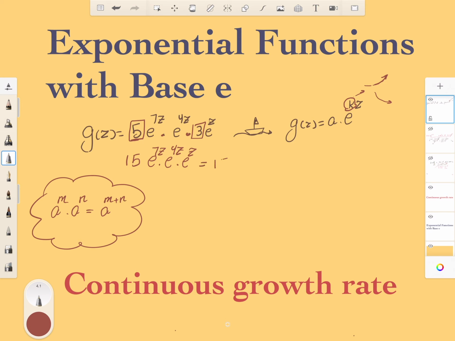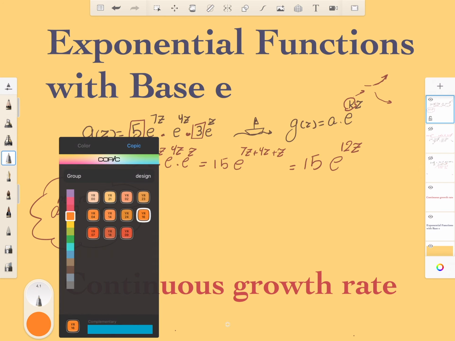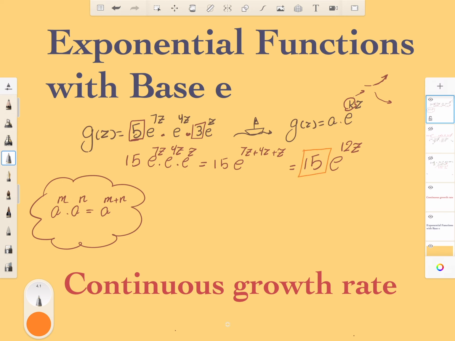We're going to have 15 e to the power 7z plus 4z plus z. This will give us 15 e to the power of 12z. So now we can say that the initial value a is 15, k, which is the continuous growth rate, is 12, and z is the independent variable of g of z.